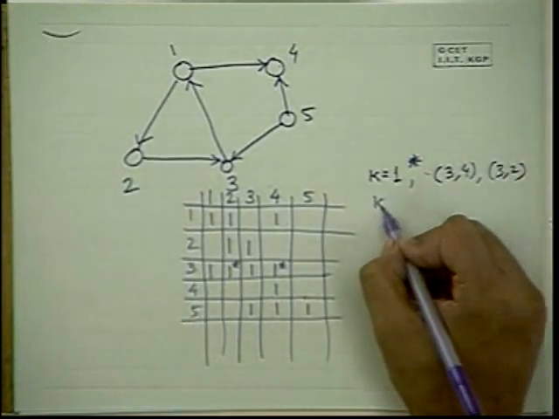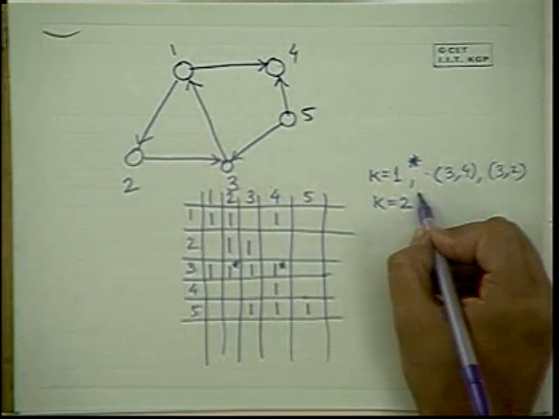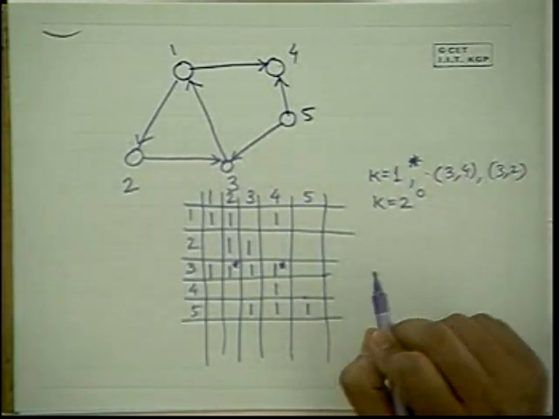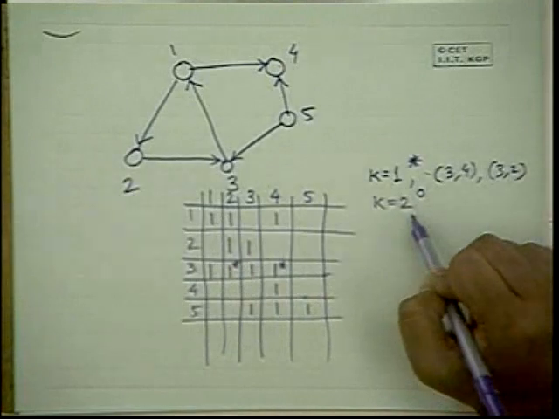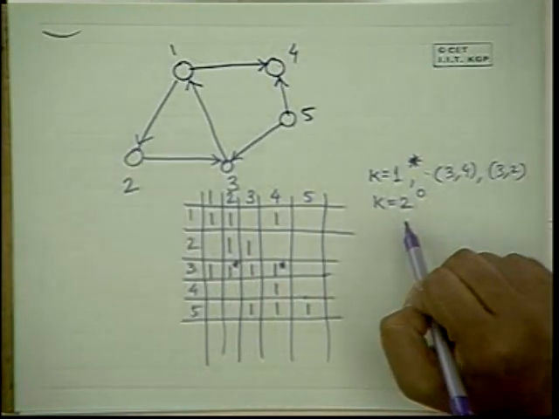Now the next iteration k is equal to 2, I am denoting it as a small circle. What does it mean? In k equal to 2, you can have a path with vertices whose indices are less than or equal to 2. So you can see there is only one path this time you will get.